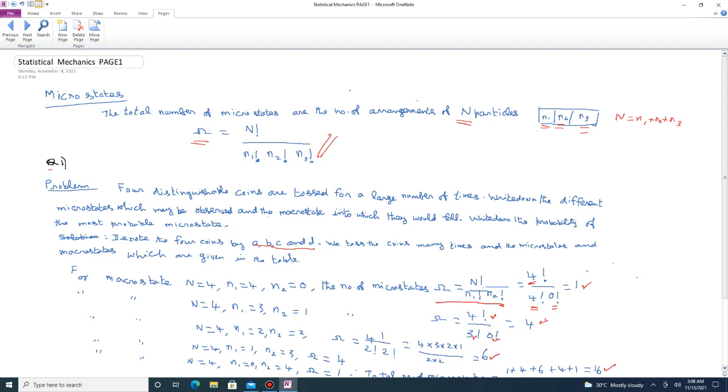So using this formula you can calculate the total number of microstates, or you form a table and calculate.